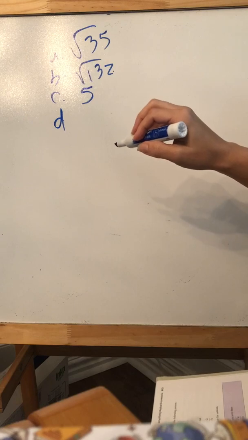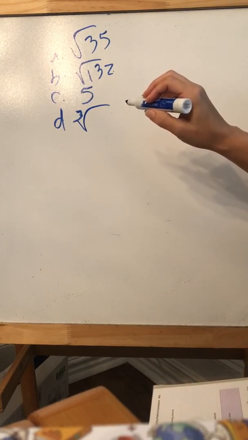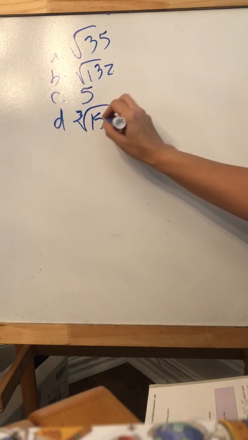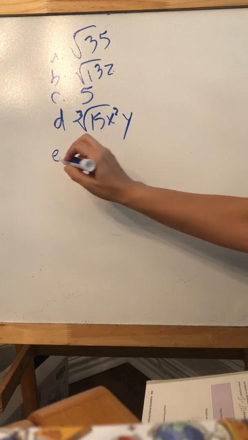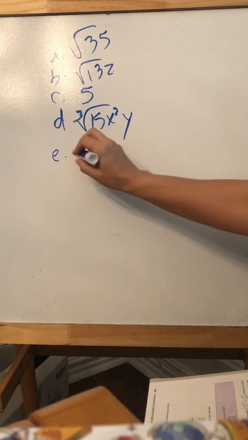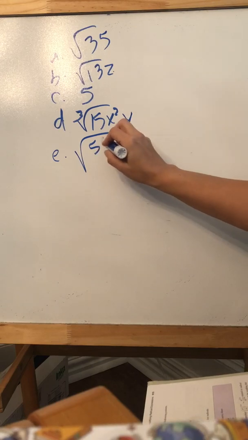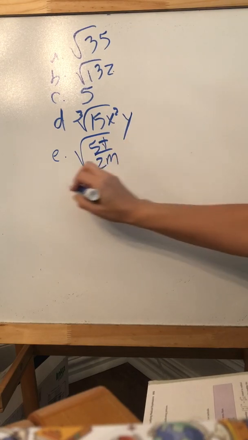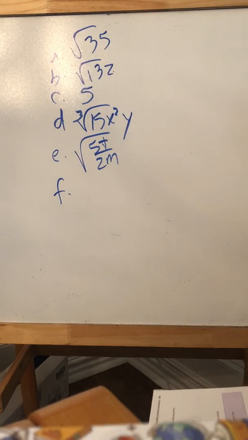D, it's going to be cube root of 15x squared y. E should be square root of 5t over 2m. There's no F, just through E. All right, let's move on.